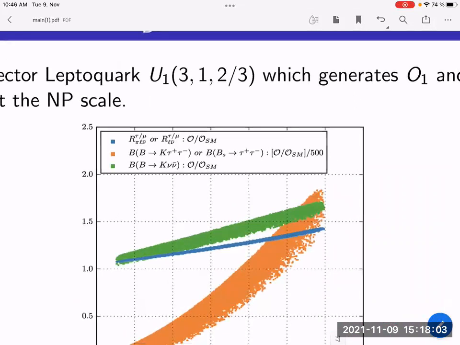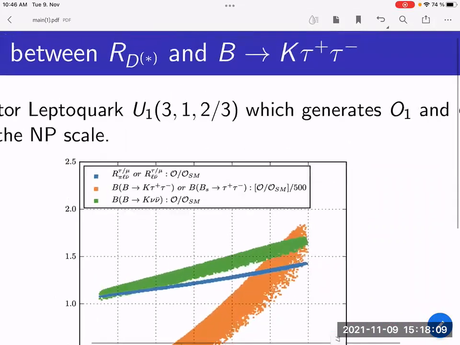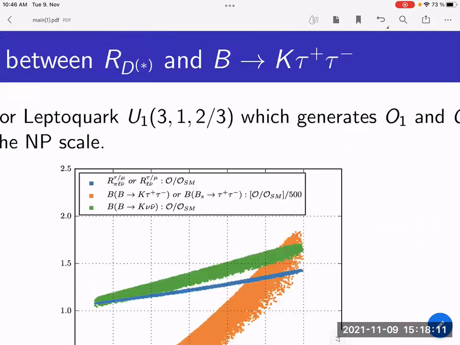Yeah, this U1 is favored, yes. Then the thing is the following. Most of the models cannot explain epsilon prime over epsilon because it would violate already existing bounds on rare kaon decays.